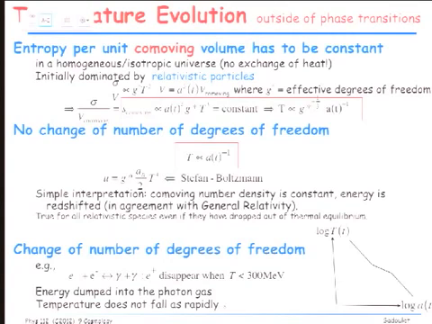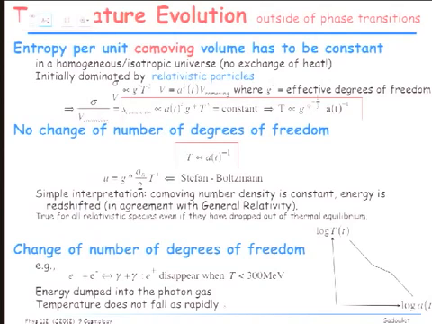And we said that the entropy in this comoving volume is constant. It has a fixed radius. So what you get is that T goes as 1 over A of T. The temperature goes as 1 over the scale parameter.